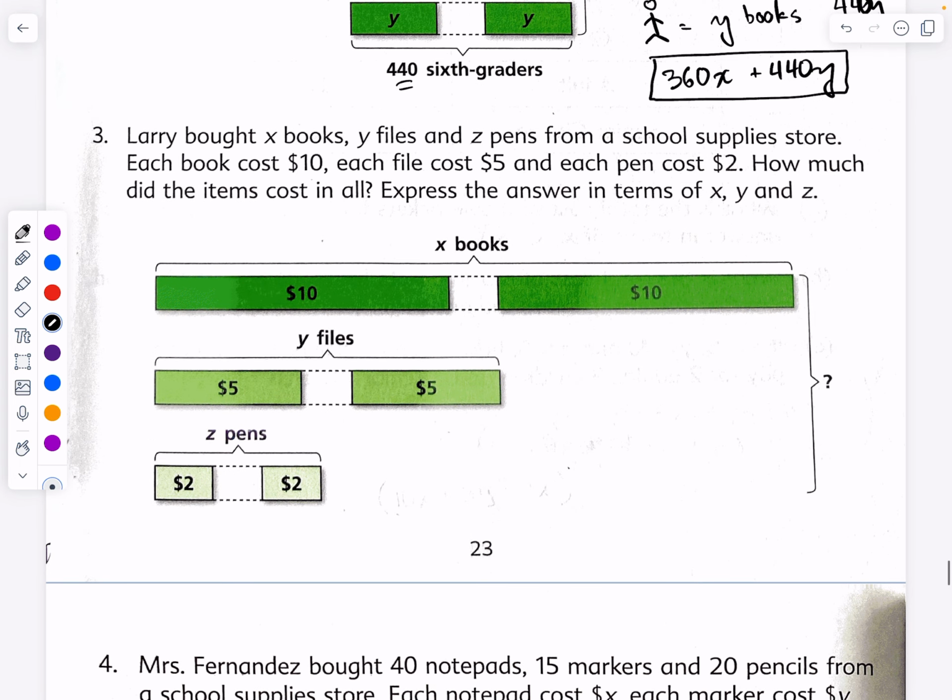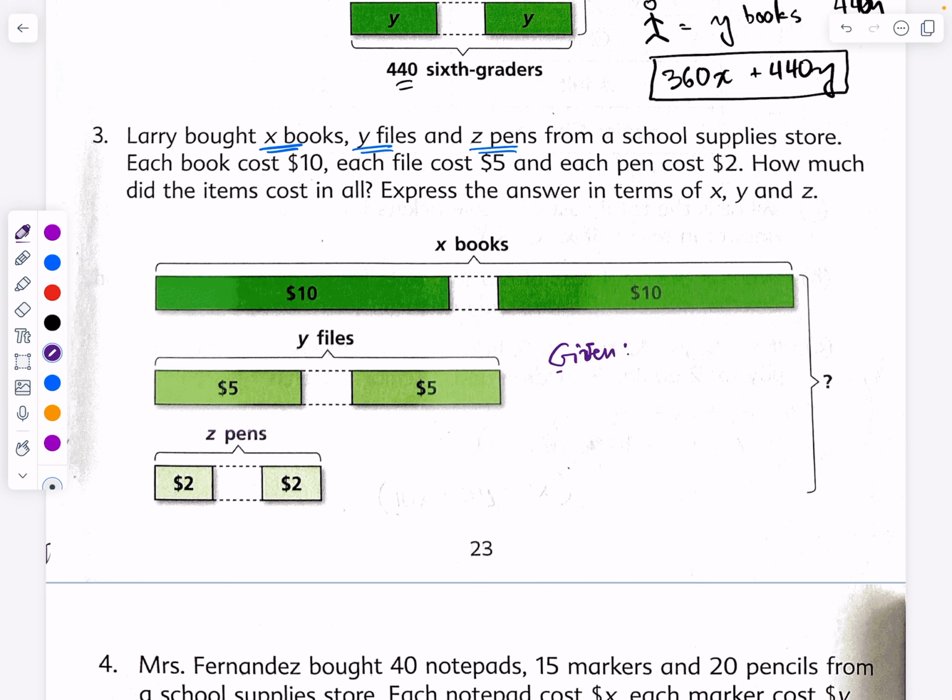Problem number 3. Larry bought X books, Y files, and Z pens from a school supply store. Each book cost $10. Each file cost $5, and each pen cost $2. Instead of doing these bar models, I typically set up that problem like this. I say given.